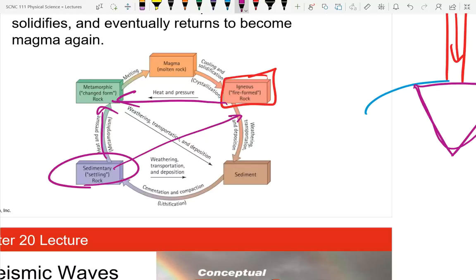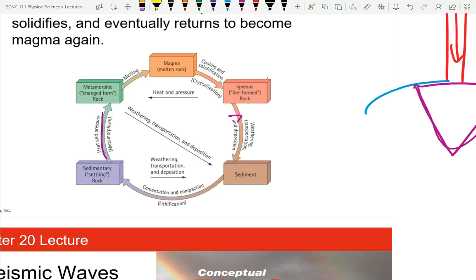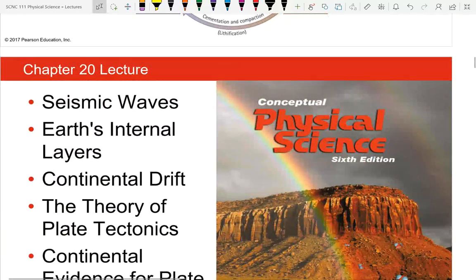It is different options that can occur. So any type of rock can be metamorphized. Any type of rock can be weathered, eroded, transported, and deposited. But that is our circle of rocks, of rock formation.